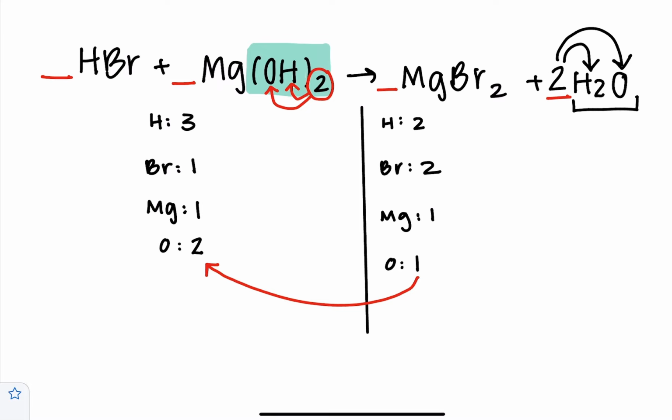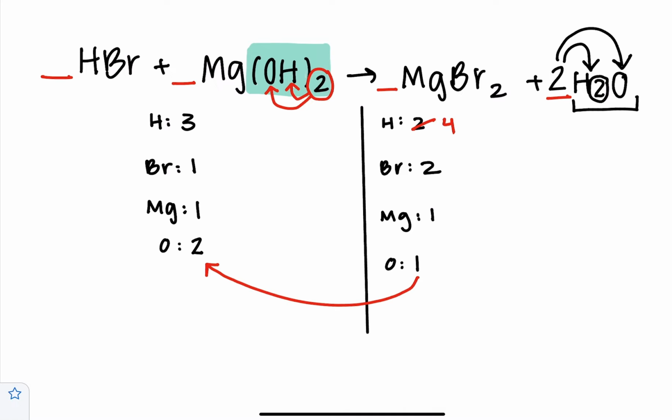So that 2 multiplies to the H2. And since this H has a subscript of 2, this 2 multiplied by the 2 subscript is actually going to tell us that there are now 4 H's on the right side.